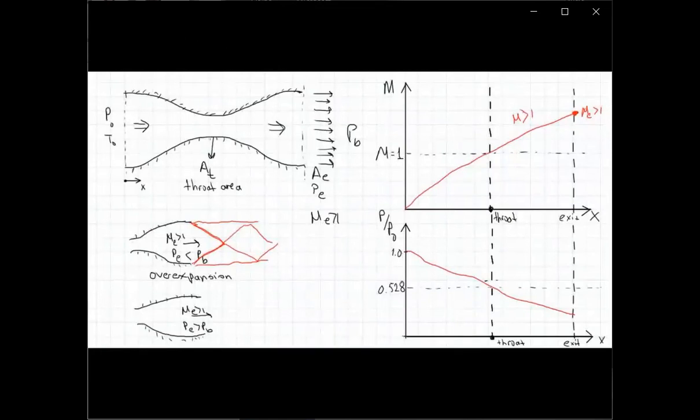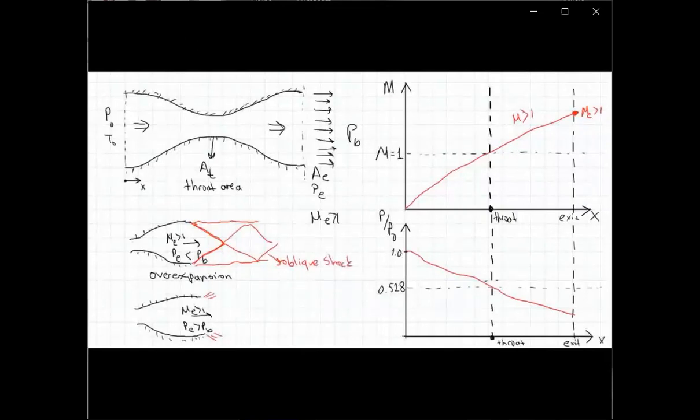When that happens, unlike what happens in the previous overexpansion situation, the flow now will have to go through a series of expansion waves, as we learned the fundamentals of it in our previous classes. In the overexpansion case, these were oblique shock waves.